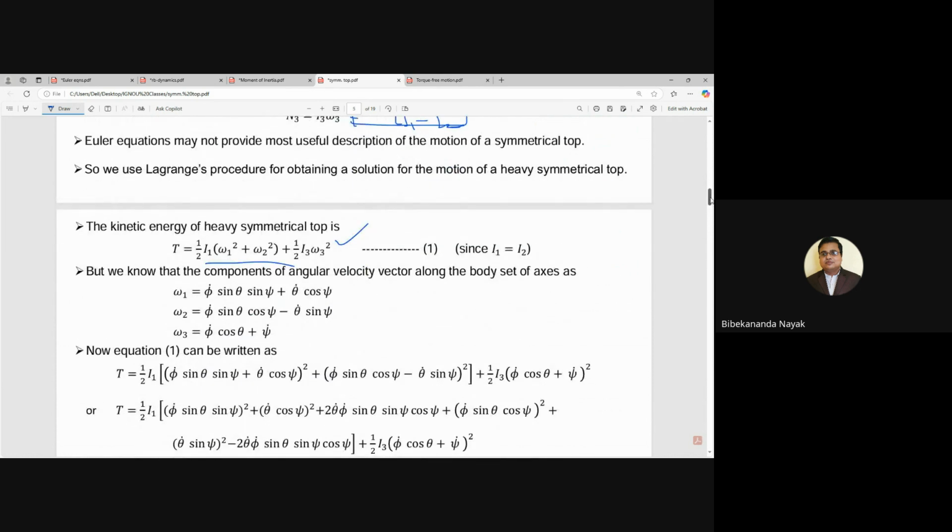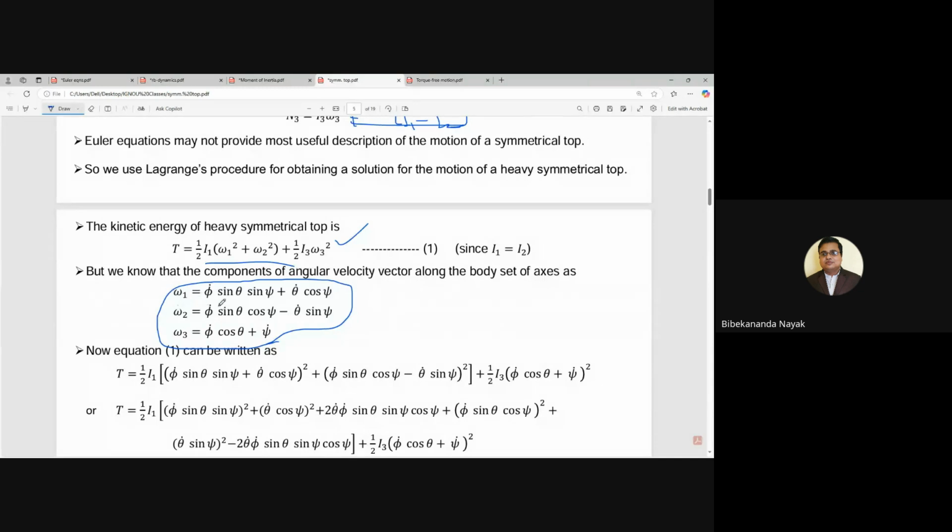The components of angular velocity along the body set of axes have a relation with phi, theta, psi. You can derive it, but it is very lengthy, so you have to remember this if the derivation is asked in your examination, because it is a very important question.